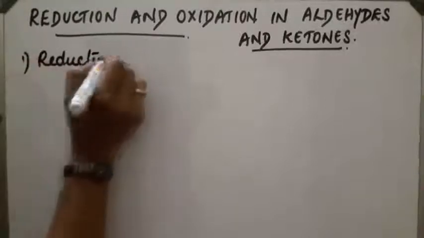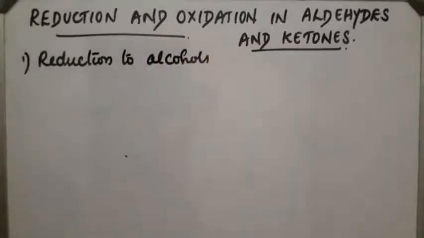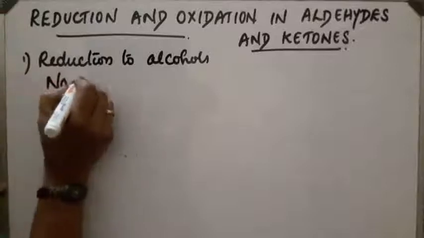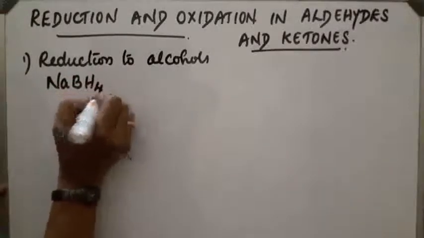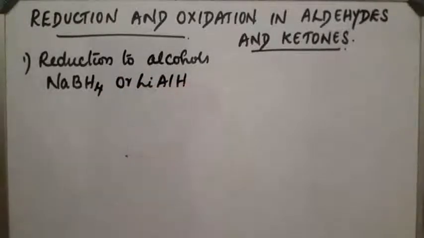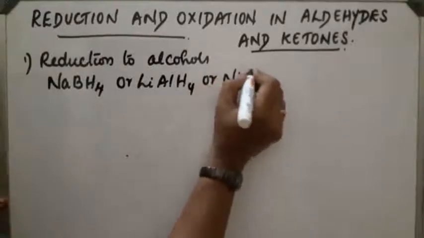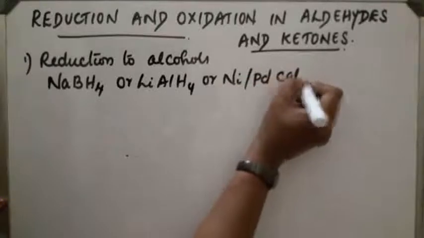Aldehydes and ketones get converted into the corresponding alcohols on reaction with nickel or palladium catalyst, or in the presence of sodium borohydride (NaBH4), or lithium aluminum hydride.